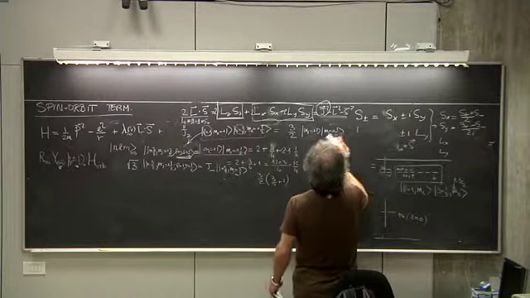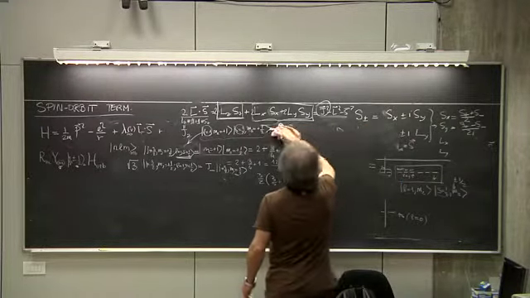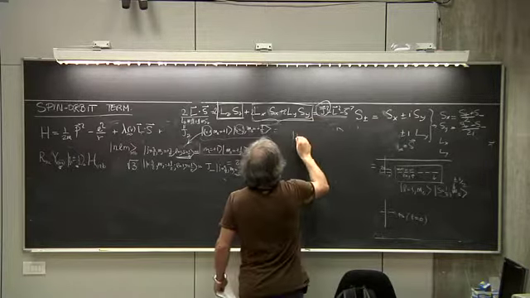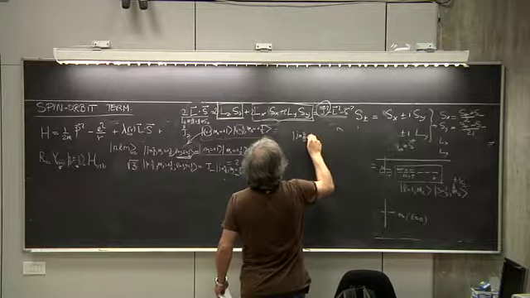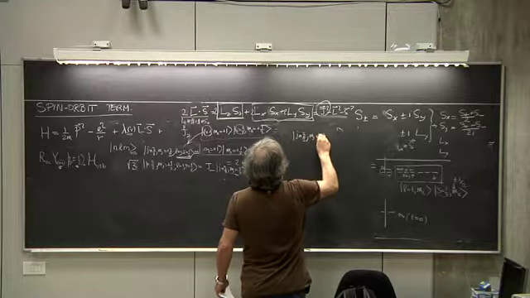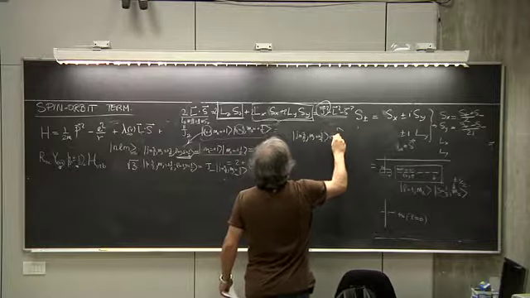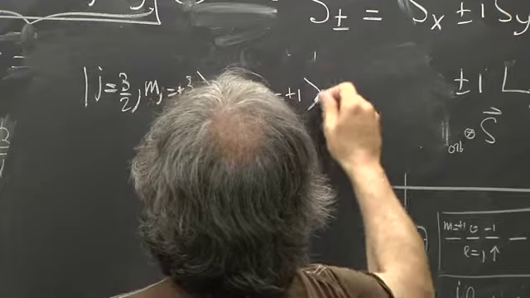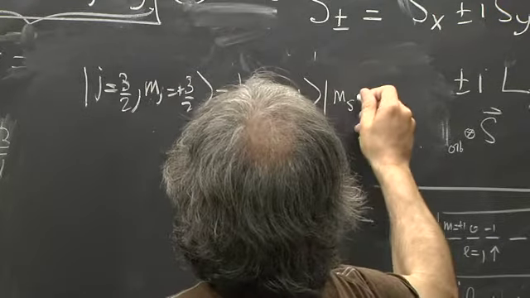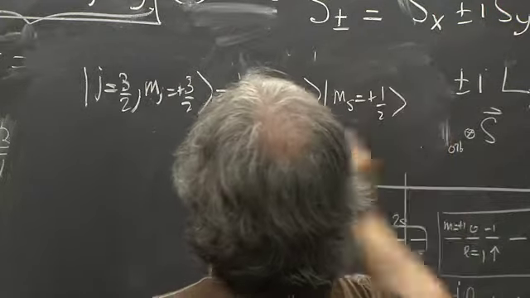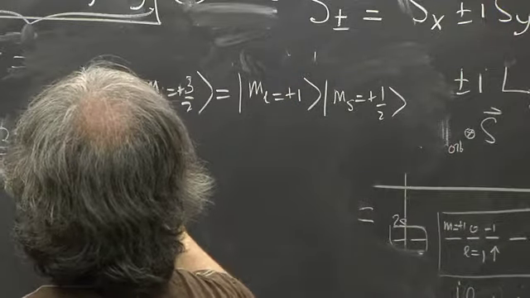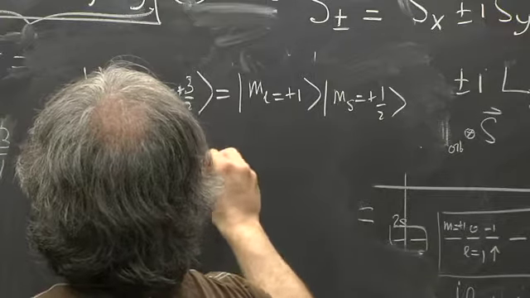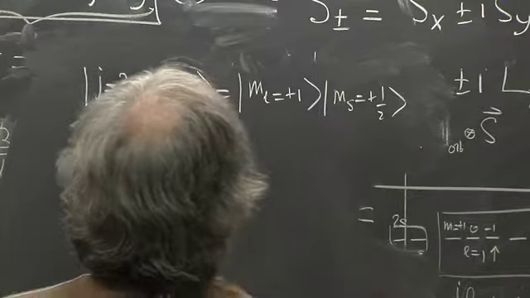keep messing things. So the first state I wrote was J equal to 3/2, Mj equal to plus 3/2, and this was just ML equal to plus 1 times MS equal to plus 1/2. Now I will construct J equal to 3/2, Mj equal to plus 1/2, and see what happens, okay?